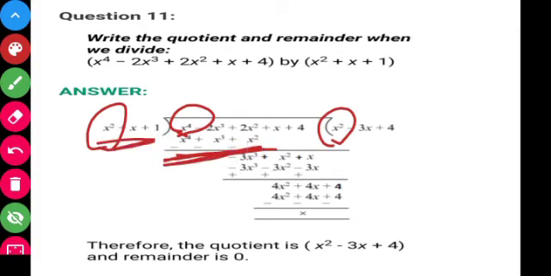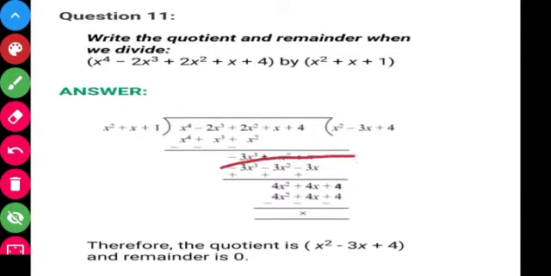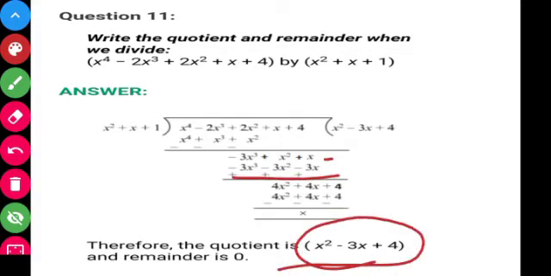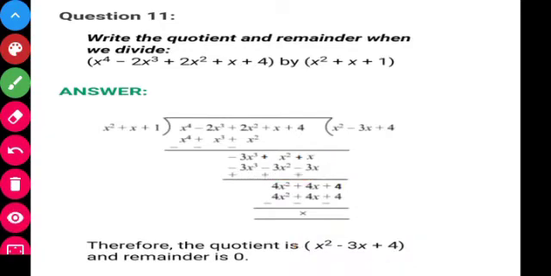When you subtract, you will get 3x cube plus x square plus x. Again you will get this. So finally the quotient will be x square minus 3x plus 4. Understand? If you have a problem understanding, you can call your subject teacher and clear your doubts.